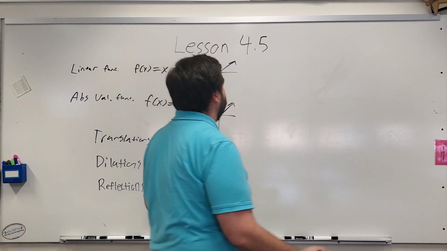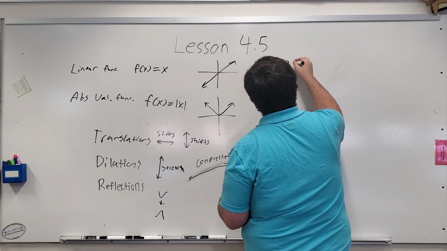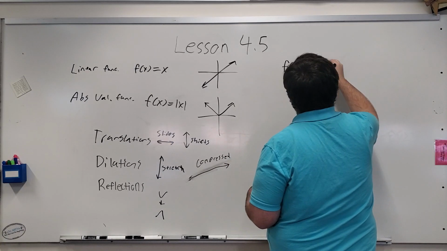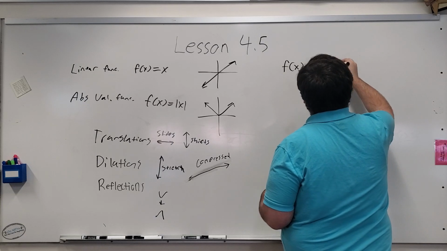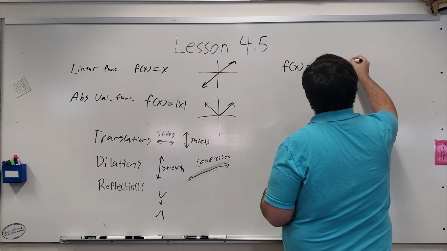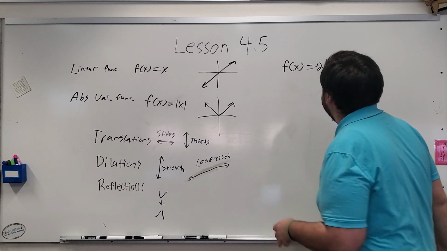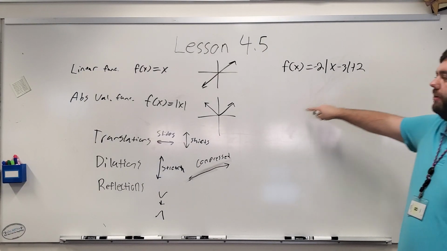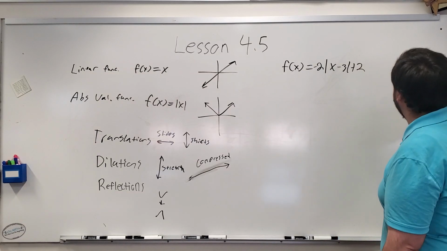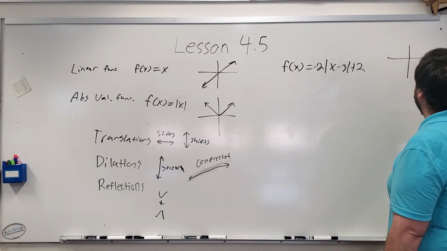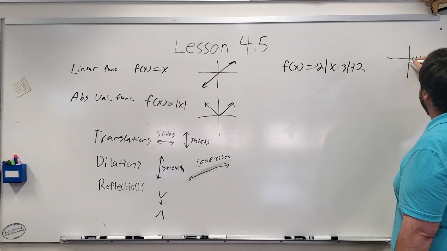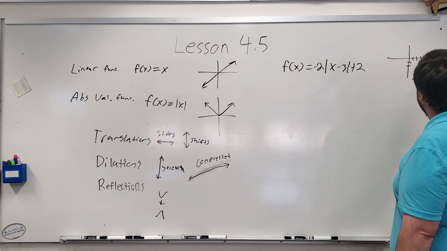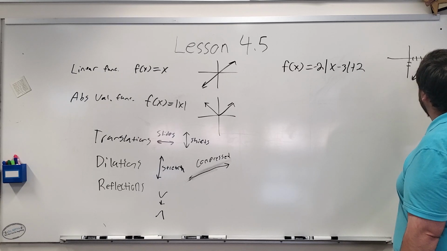So if I were to give you f of x is equal to -2 times the absolute value of x minus 3 plus 2, okay? And then asked you, how do I get from my parent function to what's eventually going to be that?